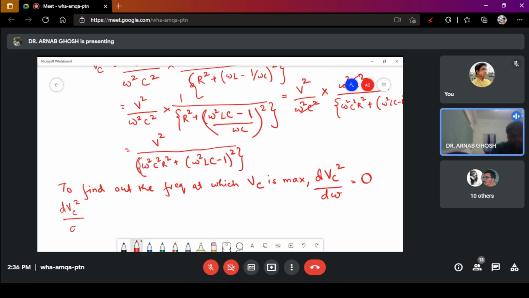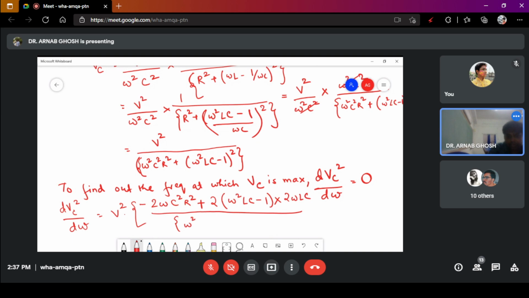So dVc square by d omega. V square is constant, so what you are left with is 1 upon this thing, and this will be equal to minus 2 omega c square r square plus 2 into omega square LC minus 1 multiplied by 2 omega LC, divided by this whole thing's square.